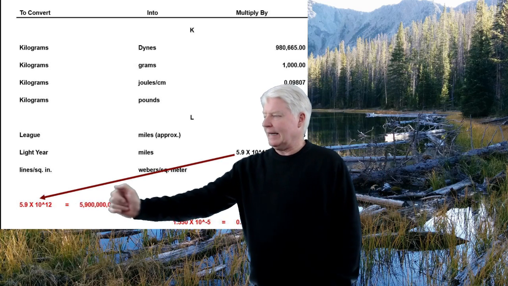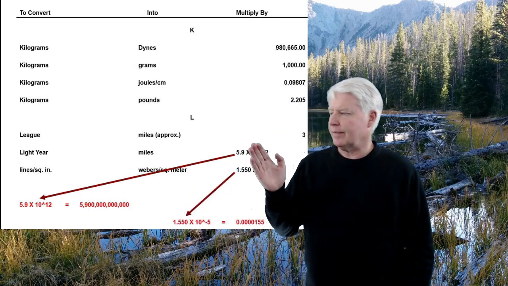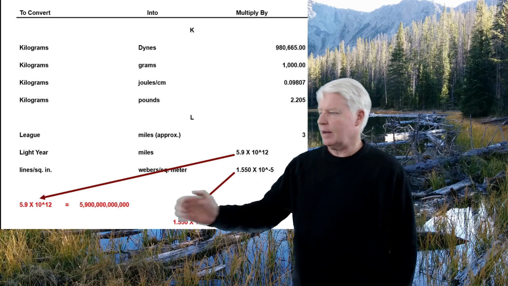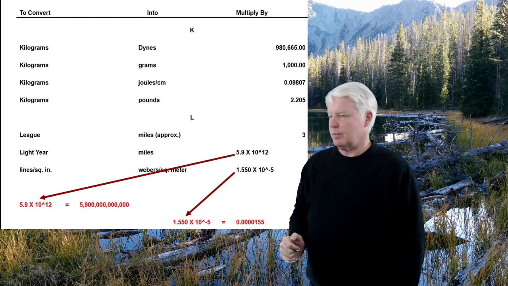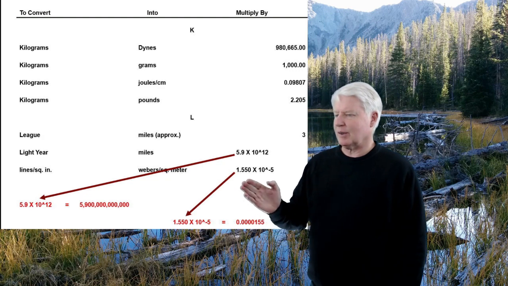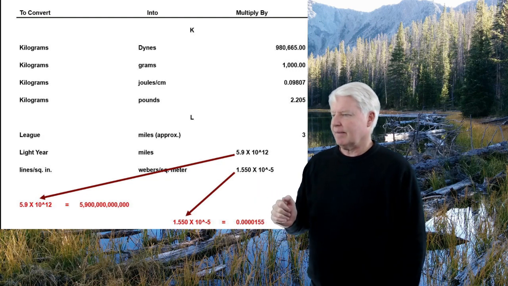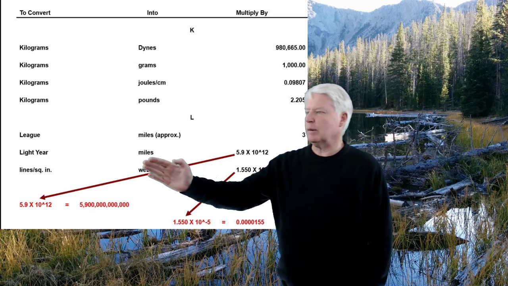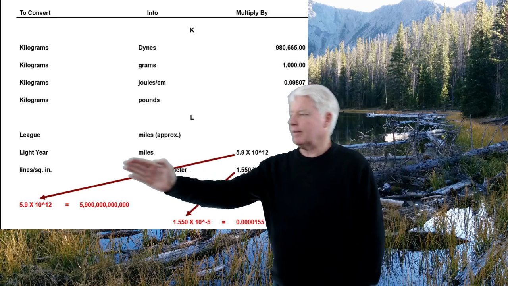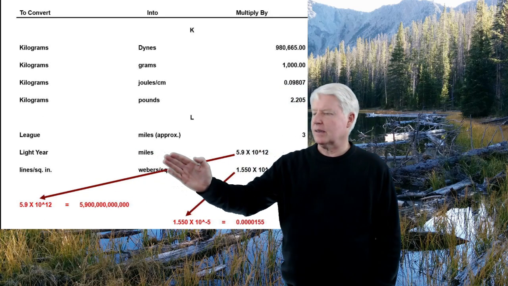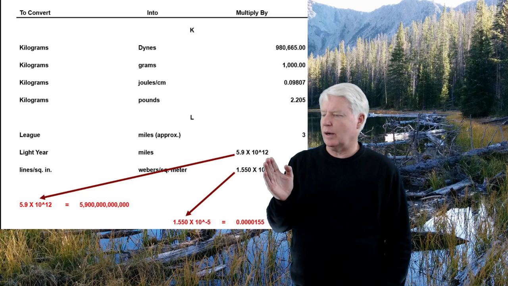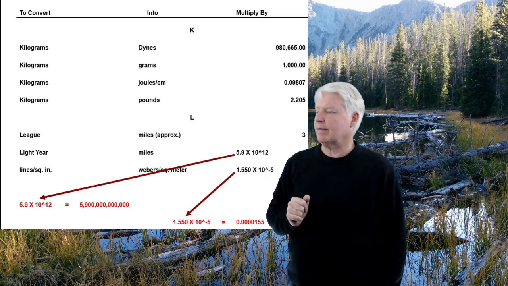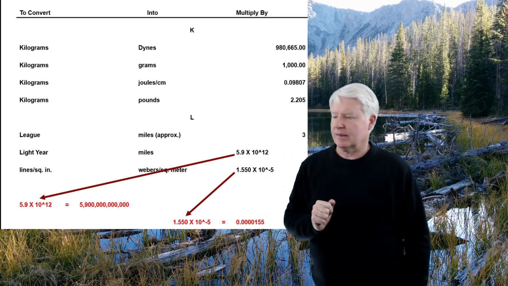So 5.9 times 10 to the 12th equals that, 5 trillion or whatever it is. I'm not sure what it is. Okay. But that's what you multiply by. So if you want to convert light years into miles, you multiply light years by 5.9 times 10 to the 12th. And that will convert it into miles.